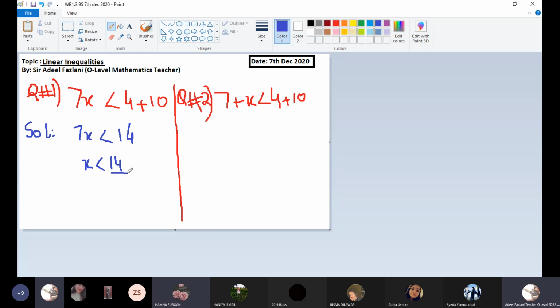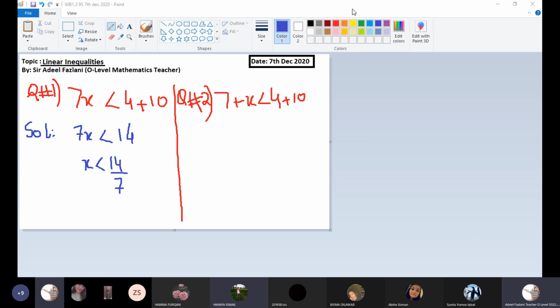14 upon 7. Hamna, why are you dividing by 7? Who tells you this thing? What is the criteria behind it? Because we have to find x. To find x, we have to divide 14 and 7. No. Is this the only reason, that to find x we are dividing? Can you even tell me why 7 is being divided?